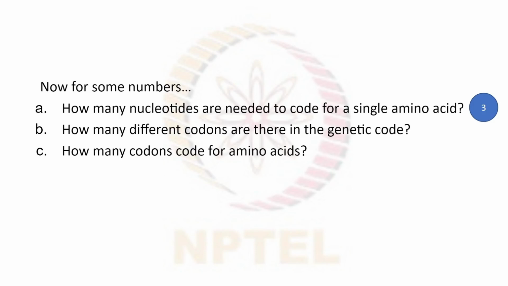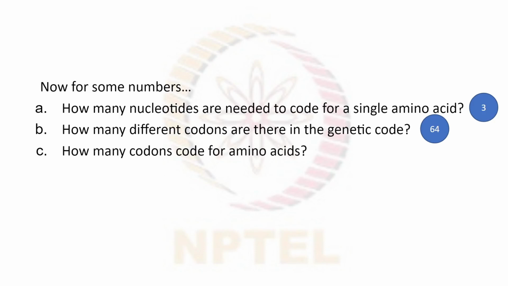How many different codons are there in the genetic code? We have 64, because we have 4 nucleotides placed into 3 positions, 4 to the power 3, so 64 different codons are possible.